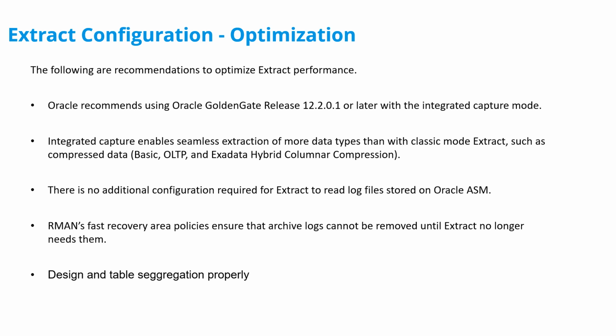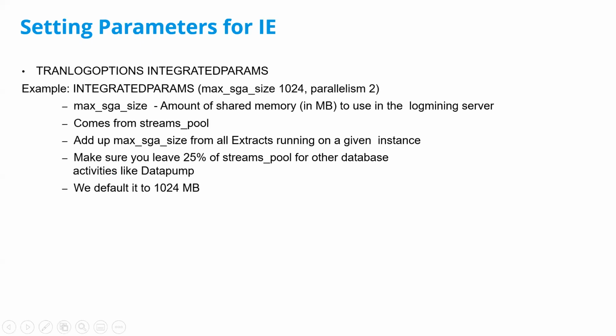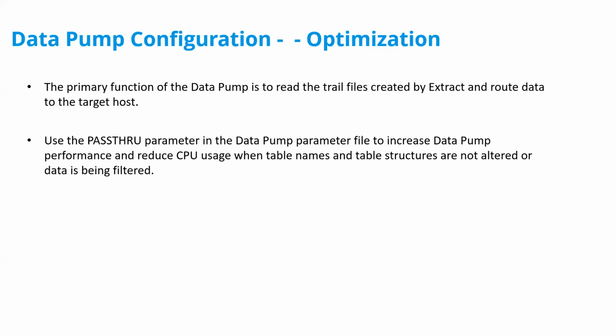Integrated extract also ensures that archive logs cannot be deleted from the system until they have been processed by the extract process, because it integrates with the database. And design and do table segregation properly.